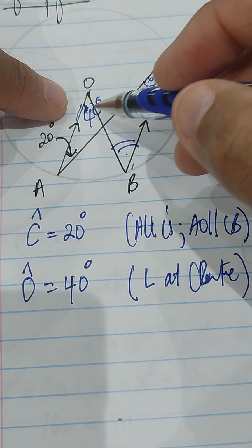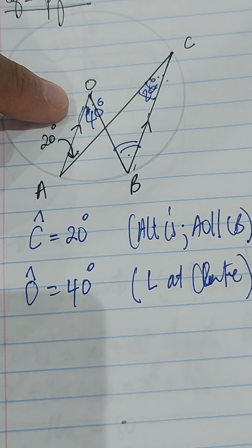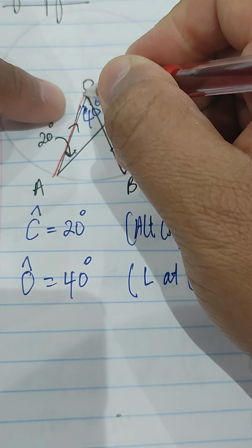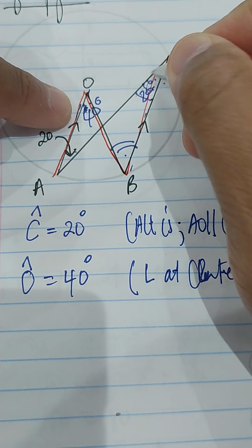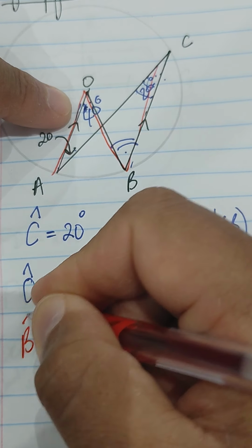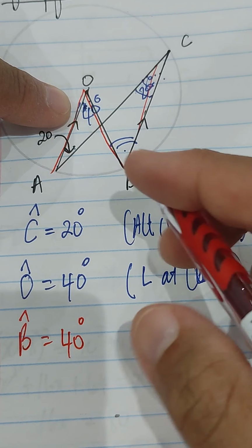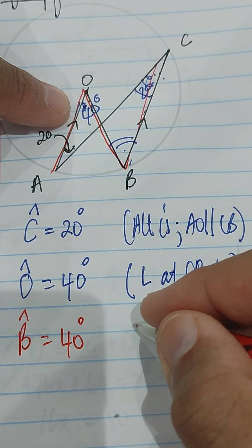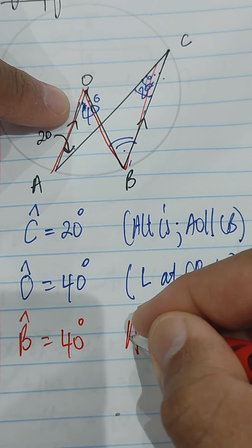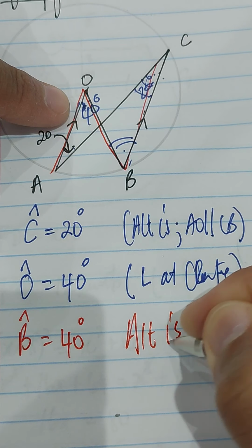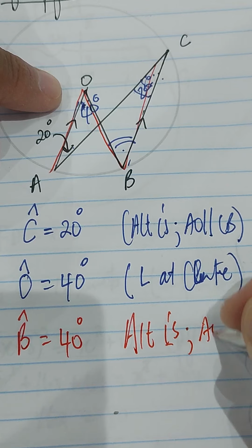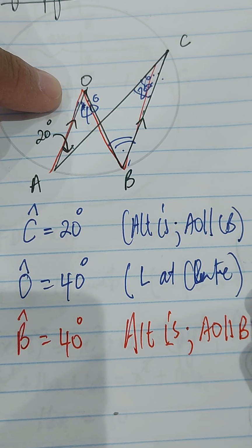Okay? And then the alternate angles coming in here again, this way. Okay, so angle B now is equal to 40 degrees. Why? Because it's alternate angles, with AO being parallel to BC.